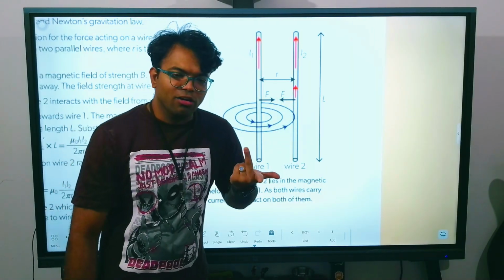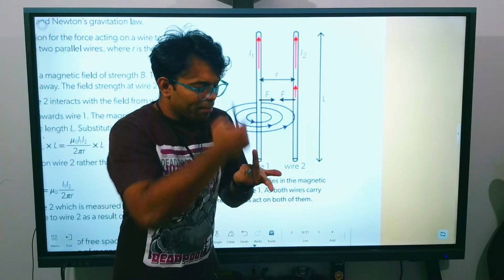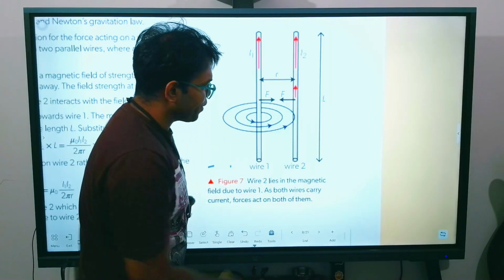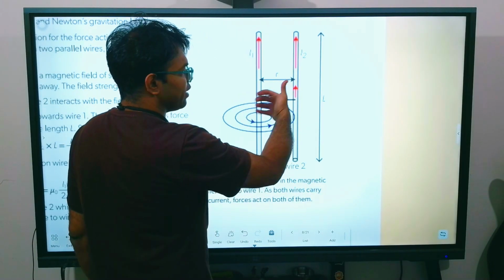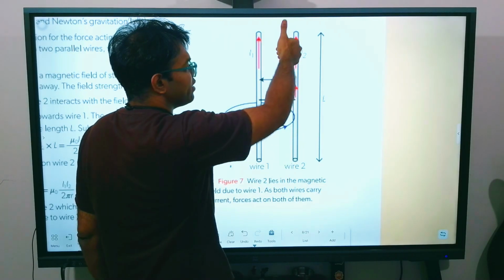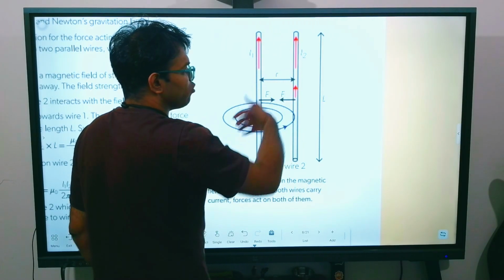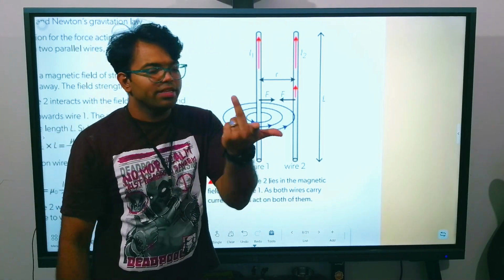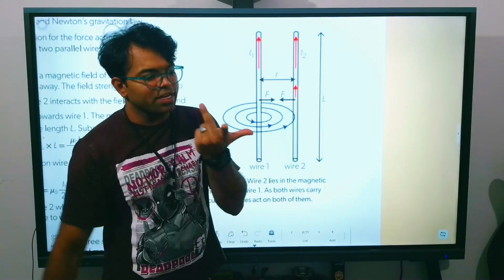Yeah, the field is outwards, much better. So current upwards, field is outwards, and the force is in this direction. See, right here, because of this conductor, the field is coming outwards. So outward field, current in the upward direction, therefore the force will be in this direction.